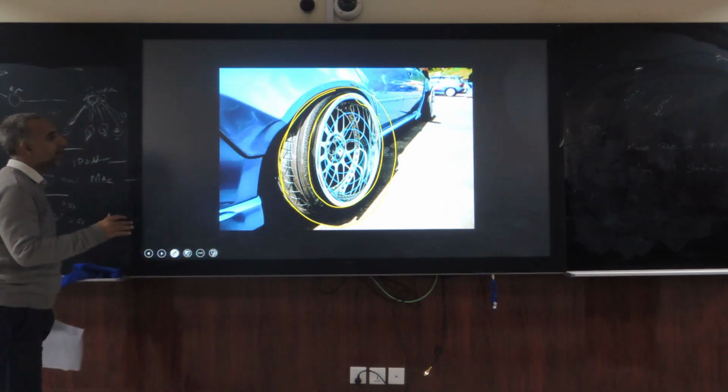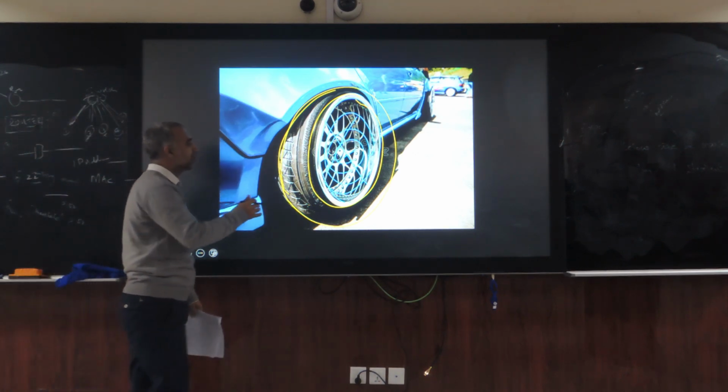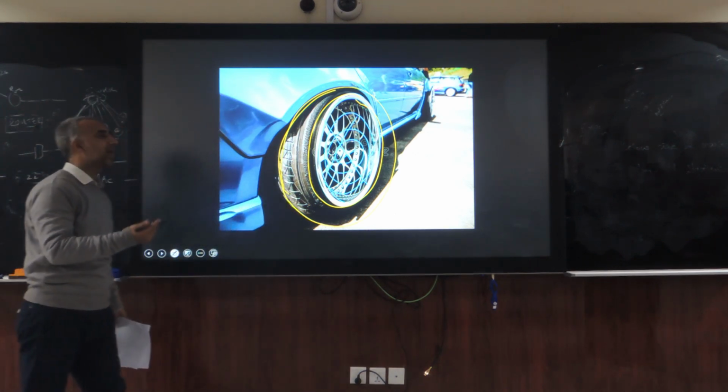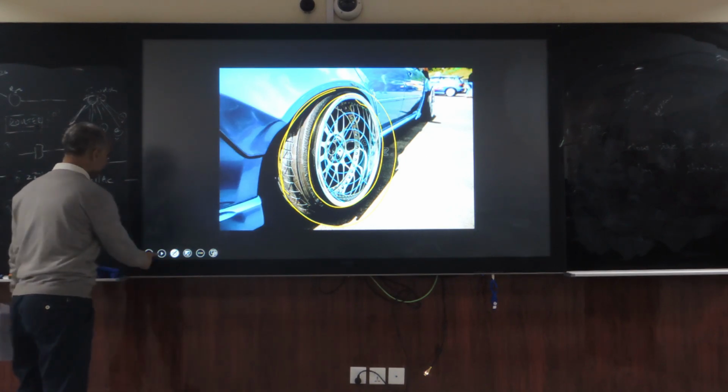So the inner axle, the blue color, or you can say the rim, will not be included in the net volume of a tire. So it can be done with the help of the washer method.